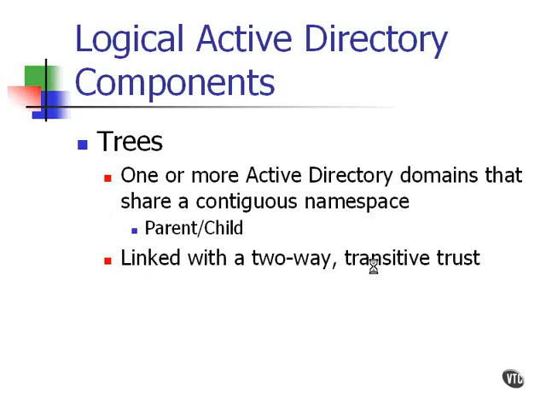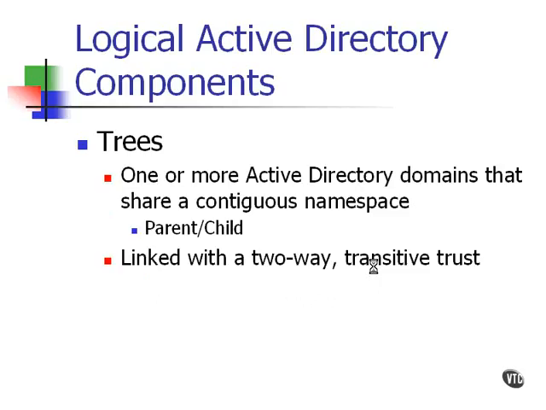Now, once you start to build a bigger type of enterprise, you may find the need for trees. An Active Directory tree is one or more Active Directory domains that share a contiguous namespace. For example, if our parent domain is beanlake.org, then our child domain in a contiguous namespace would be something like kansascity.beanlake.org.